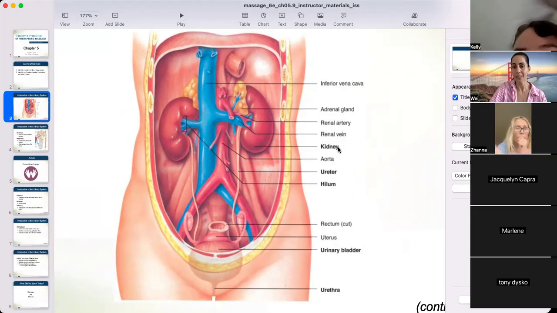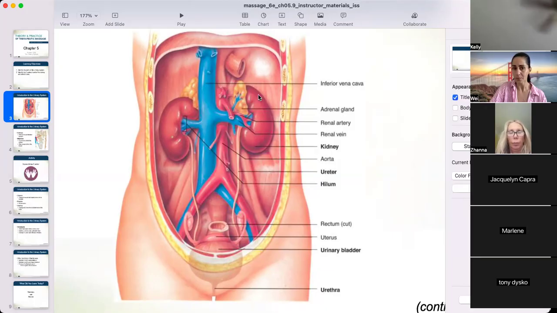We got the kidney itself, which is the main organ, the blood supply, the ureter, where the urine finally reaches, being dumped into the bladder, and from the bladder to the urethra. Okay, so between the urethra and the ureter, and what's kind of mouthfuls to pronounce, there is the bladder.